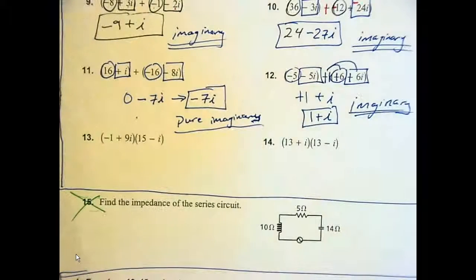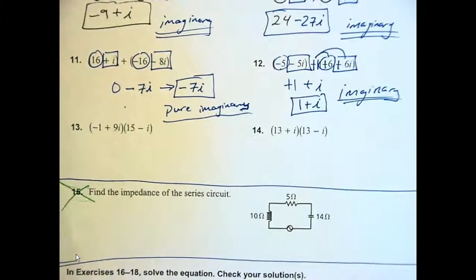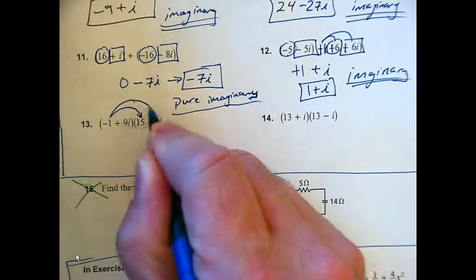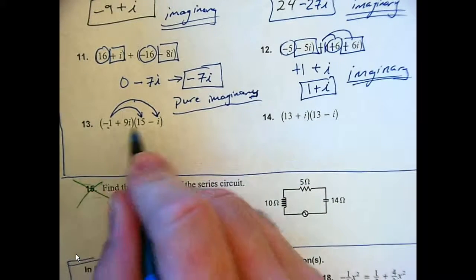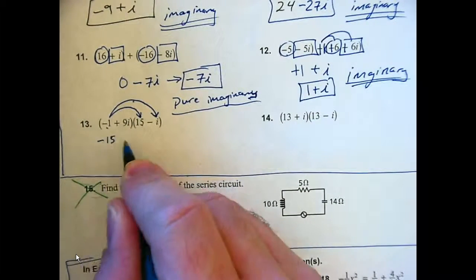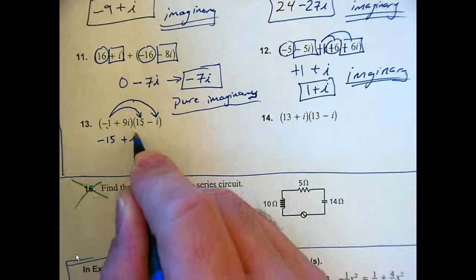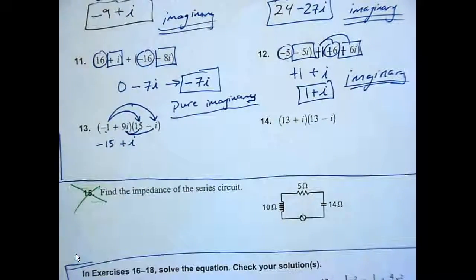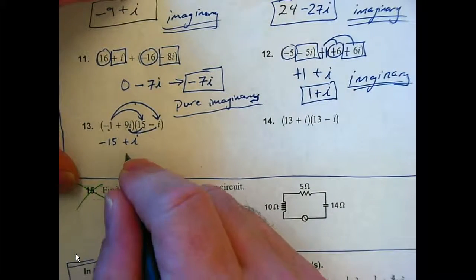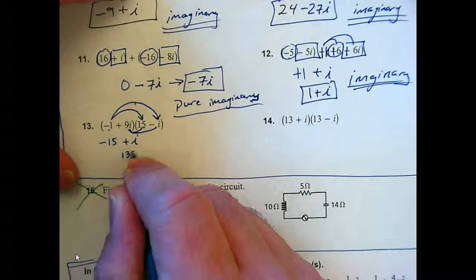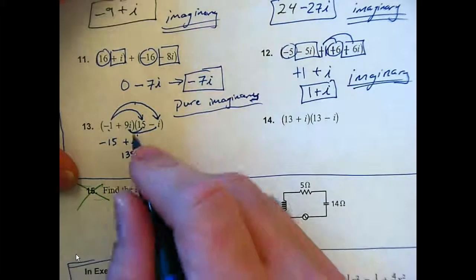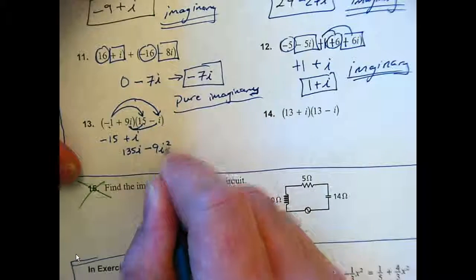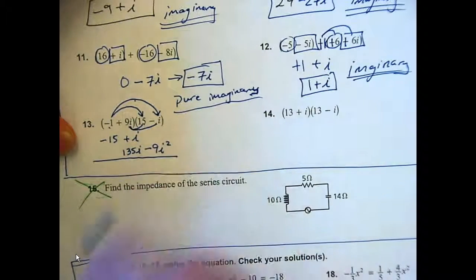Yeah. All right. Number 13. They're multiplying now. I believe that's 135. How many made it that far?